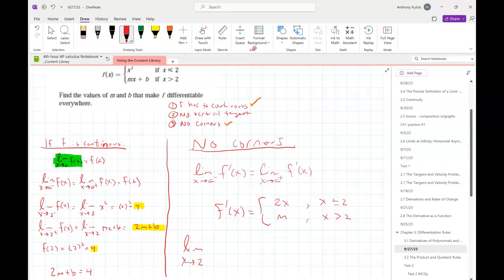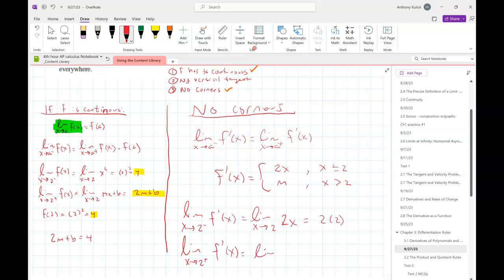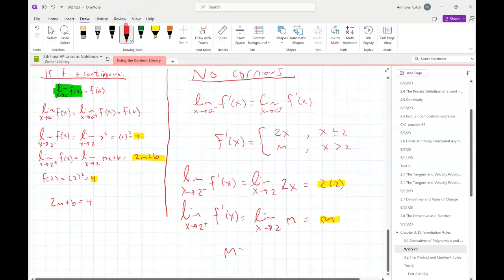Okay. So what can I say here? That m has to equal 4.